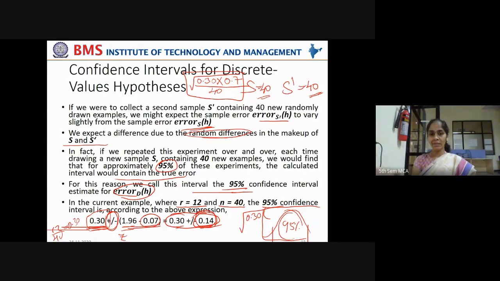It may be either 0.44 or it may be 0.16. It may vary within this range, but it will not go out of this range. So you're guaranteeing the user that the true error associated with the machine learning model will be 0.30 plus or minus 0.14. Only this interval you're giving. Beyond that, it will not make any errors. That is what you're trying to assert.